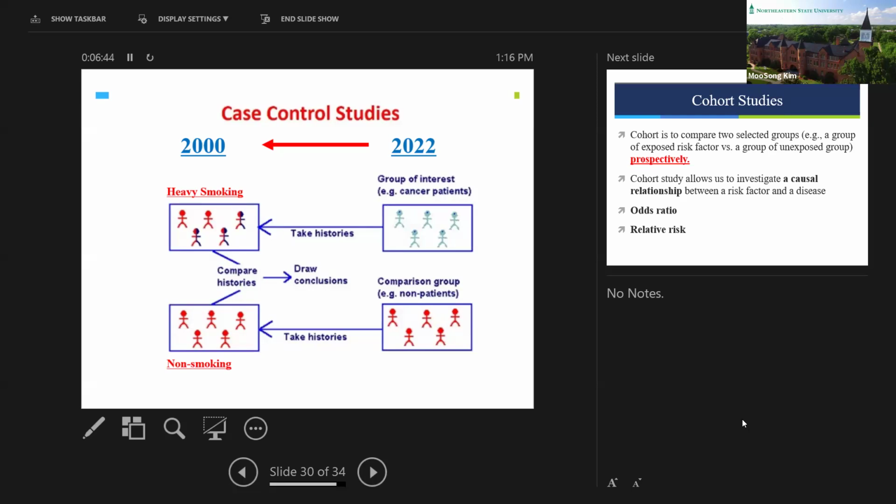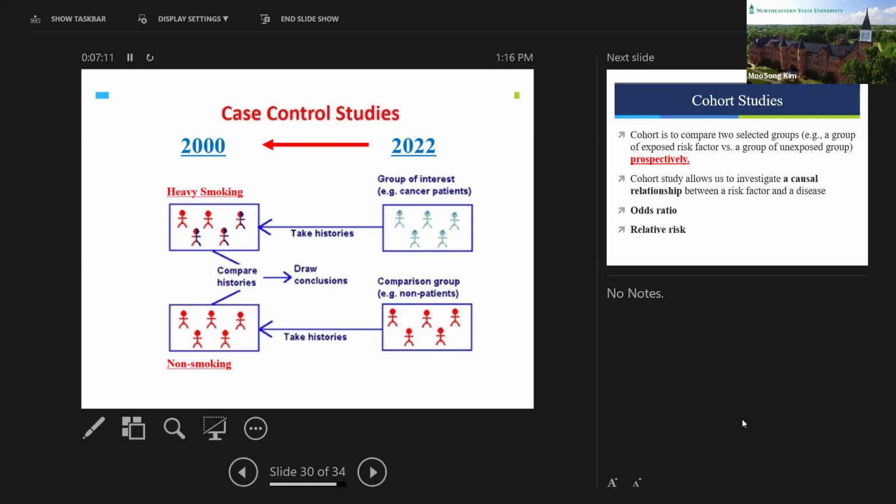And then we're going to ask about their behavior 20 years in the past, especially about the risk factor, which is smoking. So we have two groups, a cancer group and a non-cancer group, and we ask about their smoking history in the past.